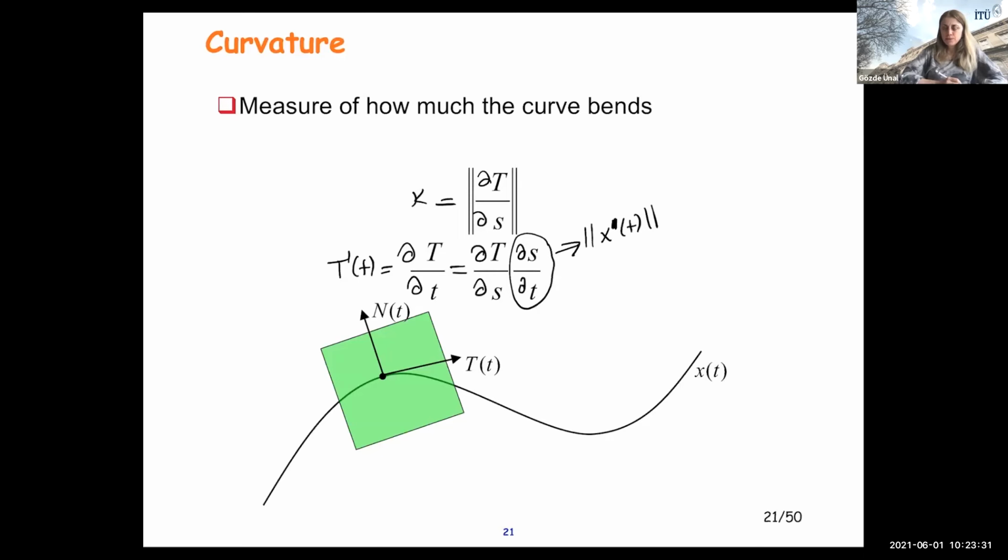So from here you can see that the magnitude of t prime of t is equal to the curvature times the magnitude of x prime of t. So this gives curvature for an arbitrary parameterization of the curve.